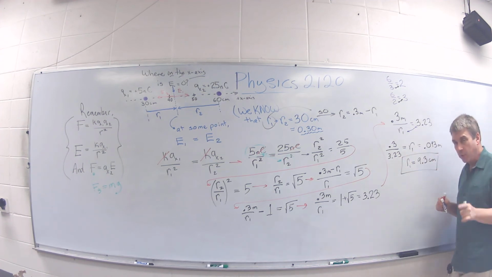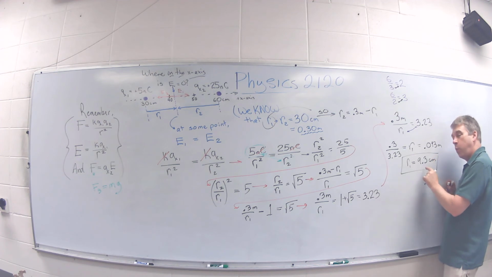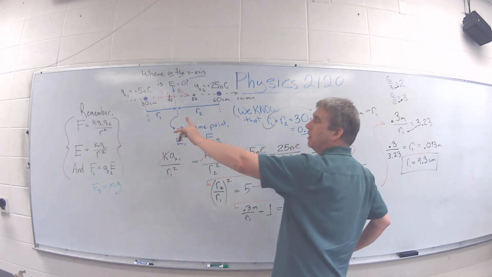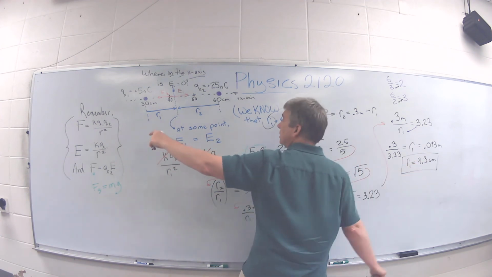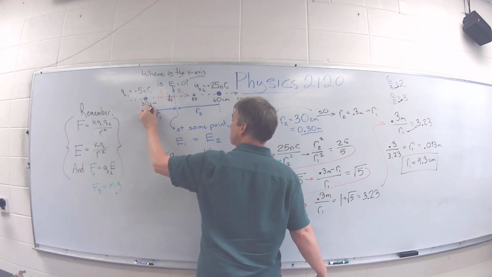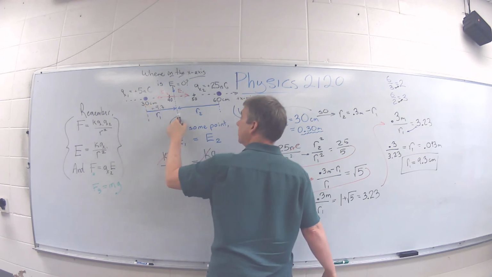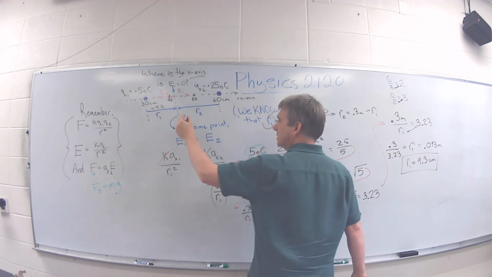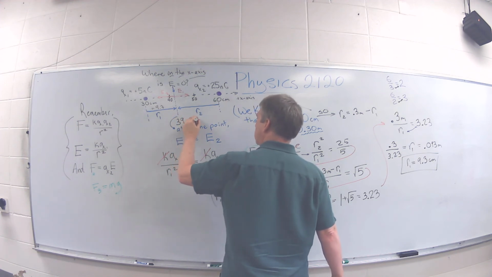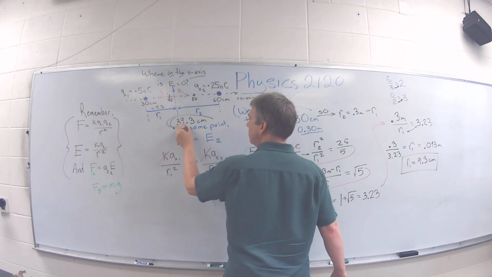Now, it's important to note that this is not where the electric field is 0. The electric field is 0 9.3 centimeters over from here. So 30 centimeters plus 9.3 gives us our point, and it's 39.3 centimeters. This is our answer.